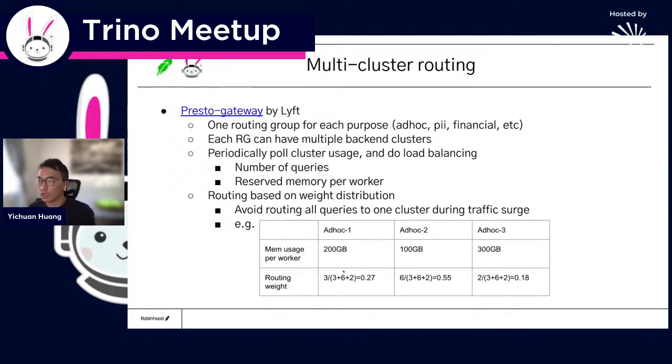So it all adds up to 600 GB. This is going to be 3, this is going to be 6, and this is going to be 2, and then it calculates the weight. As we're seeing here, because ad hoc 2 only has 100 GB usage, it will get the largest weight for getting the next query.